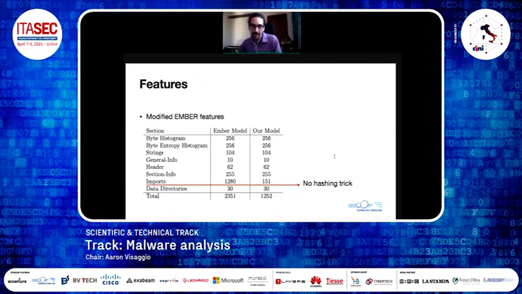They are more or less standard static features, nothing too fancy, just a starting point to see the capability of this approach. We just did a slight modification on the import function because we wanted to avoid the hashing trick, in order to avoid losing information when compressing with the hashing. But for the rest, they are the same features detailed in the documentation in the Ember paper.